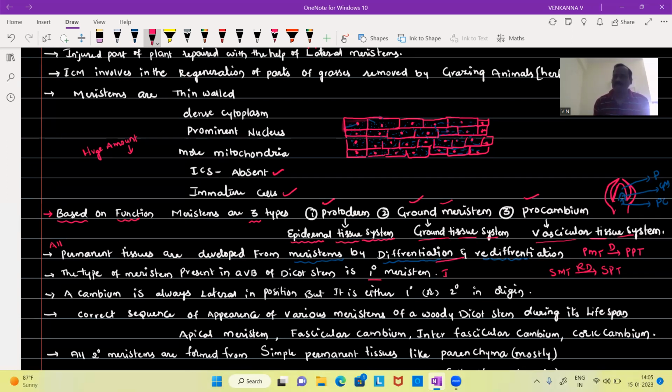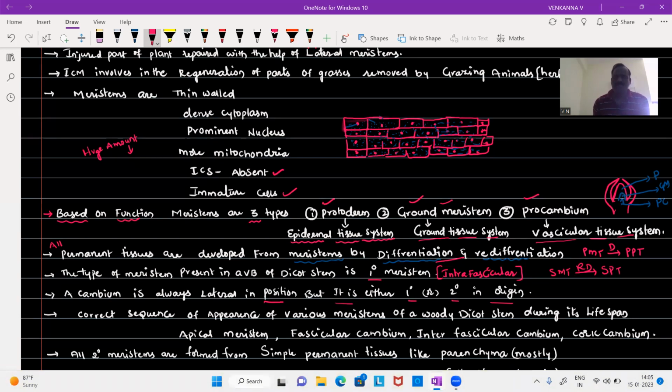The name of that primary meristem is intrafascicular cambium. So intrafascicular cambium is a primary meristematic tissue which is present in between xylem and phloem of the vascular bundle. A cambium is always lateral in position, but it is either primary or secondary in origin.